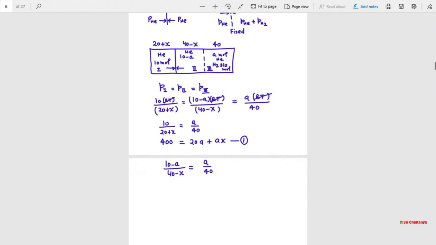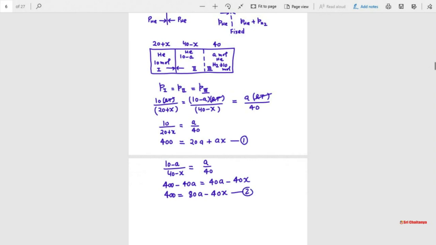Again, simplify this. This is 400 minus 40A is equal to 40A minus 40x. Now we can simplify it further. We can write that 400 is equal to 80A minus 40x.